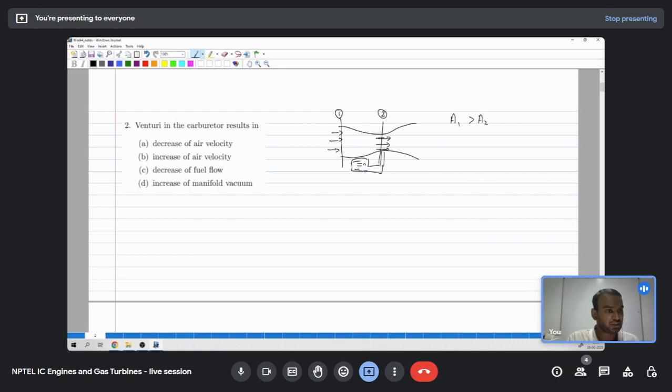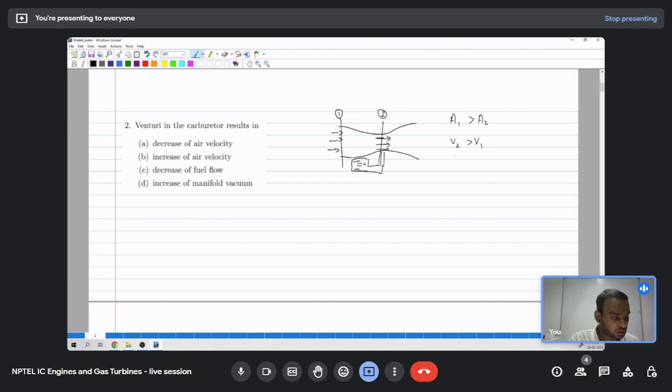With the continuity equation, for the same m dot in a steady flow, m dot at 1 and 2 are the same. Then we will have velocity at 2 greater than velocity at 1.